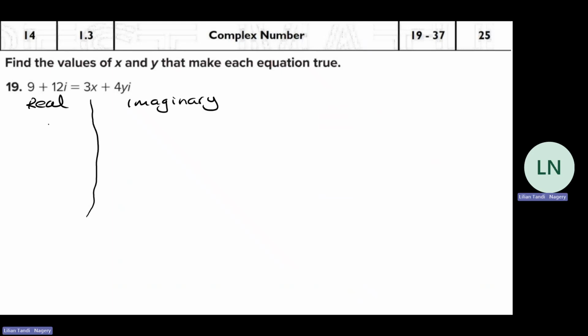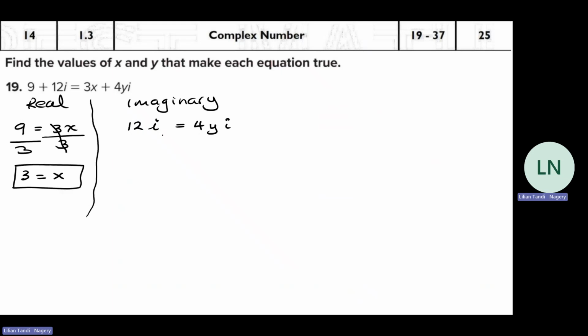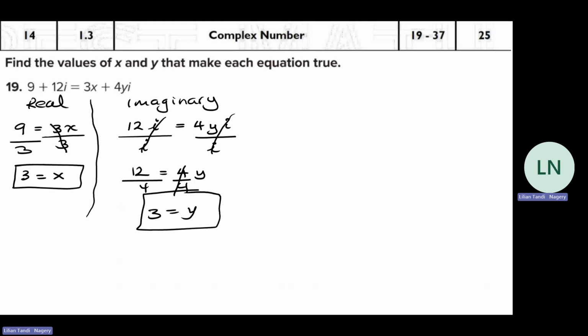So 9 equals 3x, 12i equals 4yi. Divide by 3, that goes away, 3 equals x. Box your answer. Divide by i, it goes away, 12 equals 4y. Divide by 4, y is 3. Box your answer.